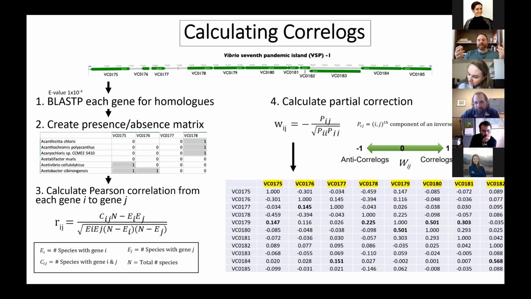The hope is that by using all 250,000 bacterial species in NCBI, as long as you get enough BLAST hits, the power of that will overcome the kind of things you're talking about. I think my presence absence matrix had like 28,000 species hits. So it seems like a pretty high number, but it's one of the things that also needs to be tested along with the KEGG test set and different distance matrices.